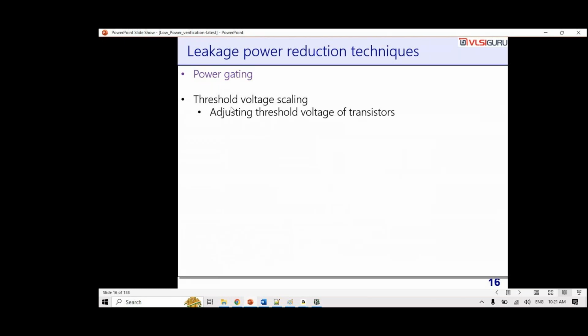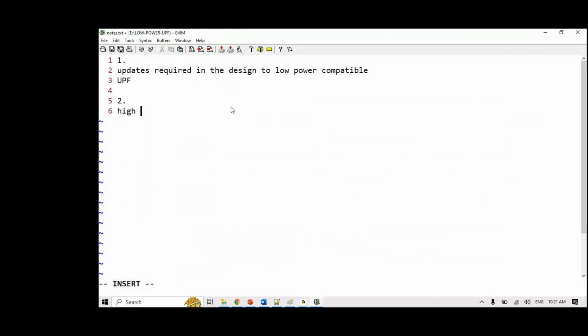Even in physical design, you will come across terminologies like low VT transistors and high VT transistors. We use high VT transistors when we want to reduce the leakage current, and low VT transistors to increase the performance.